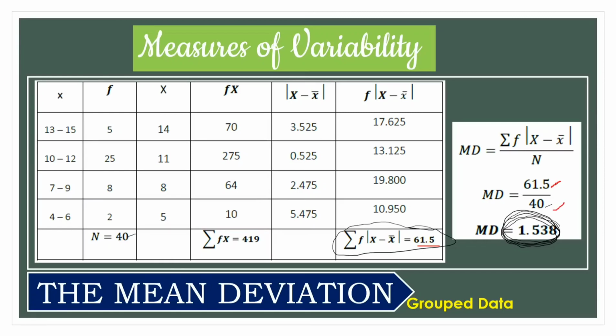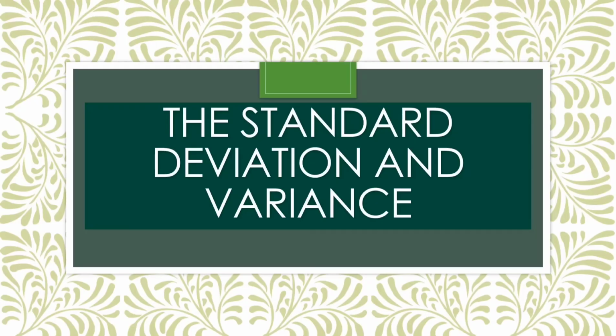When we divide those two, the quotient is 1.538, or 1 and 538 thousandths. That is, we are down to our third and fourth measures of variability, which are the standard deviation and the variance.